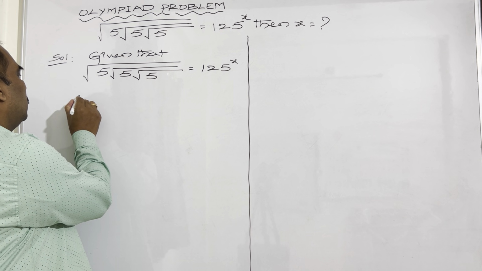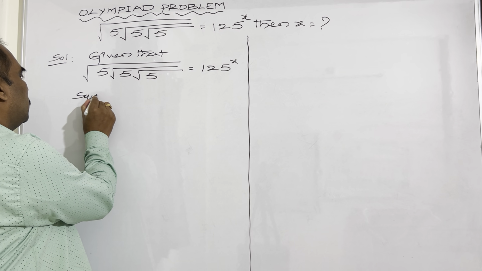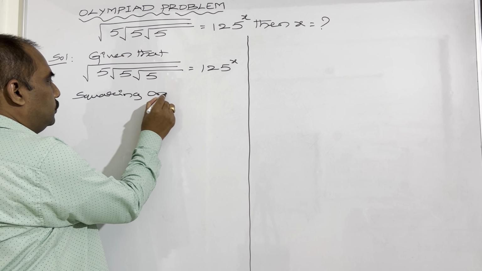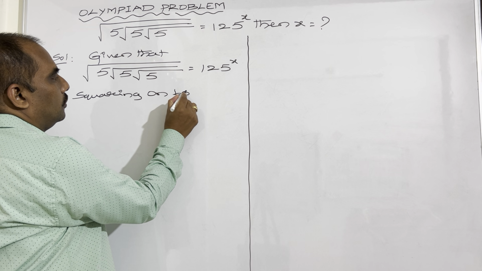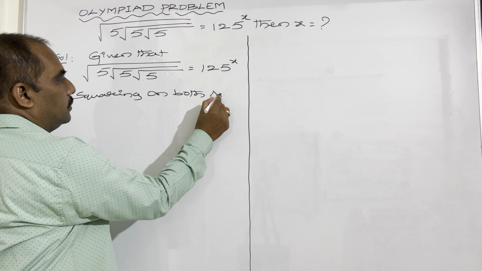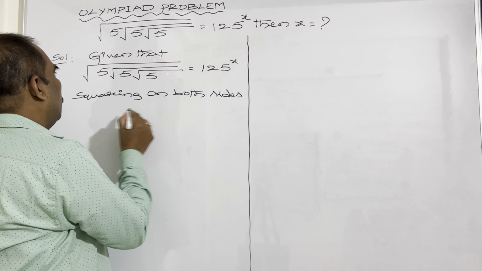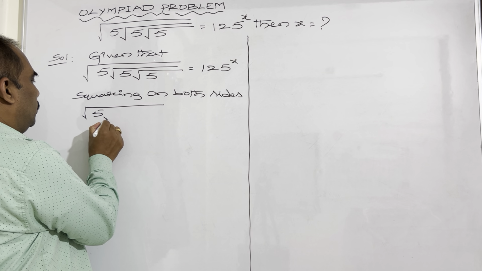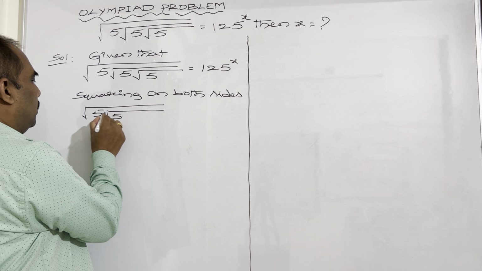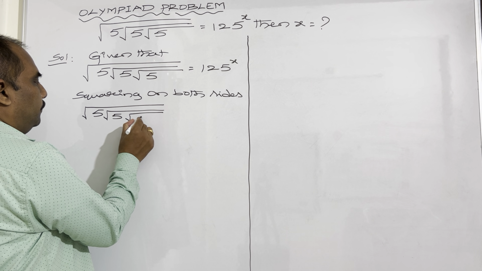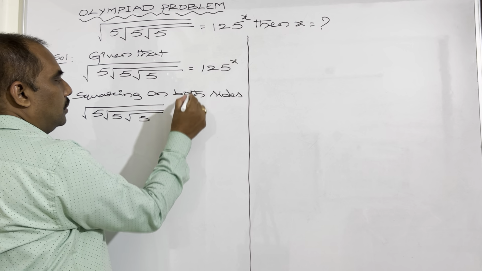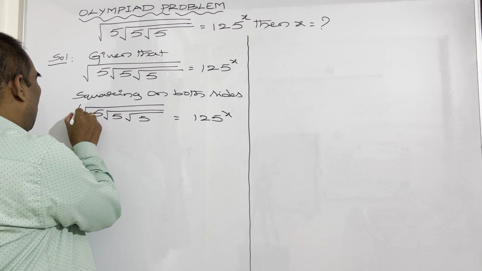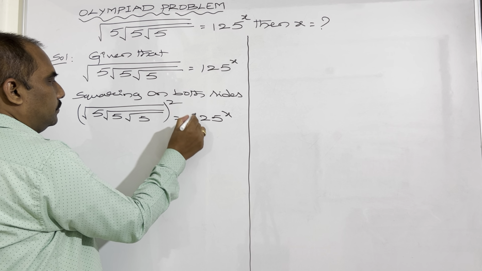Now I am squaring on both sides. So here root over 5 into root over 5 into root over 5 is equal to 125 whole to the power of x. Now I am squaring on both sides.